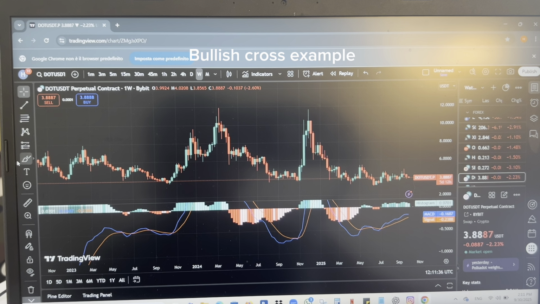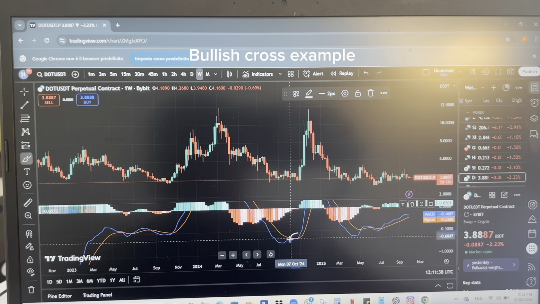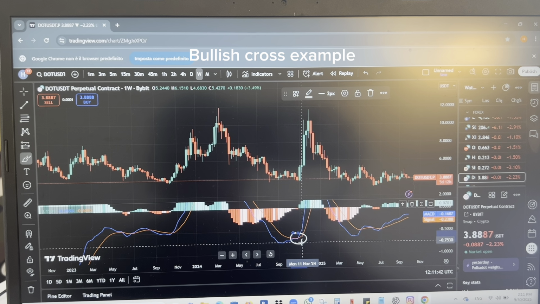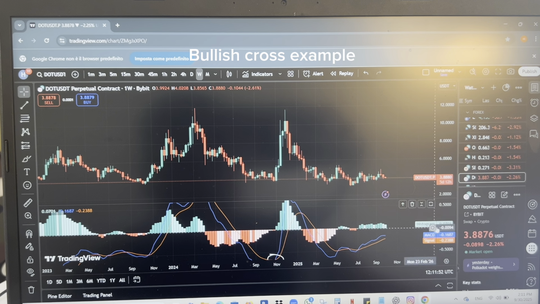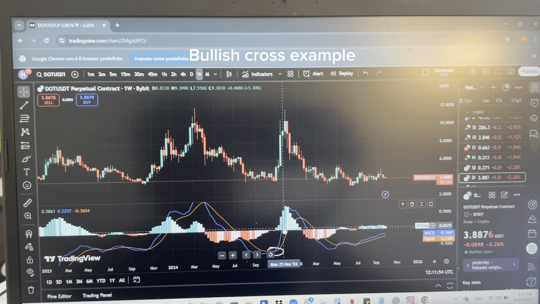So here you guys can see that there is another cross way below the zero line. So the MACD line comes on top and the signal line comes below, and from there itself it gives the confirmation that it's becoming an uptrend.